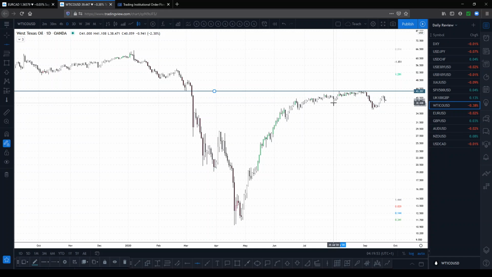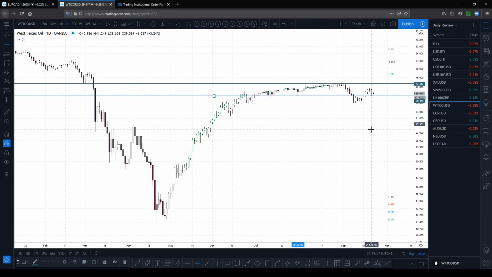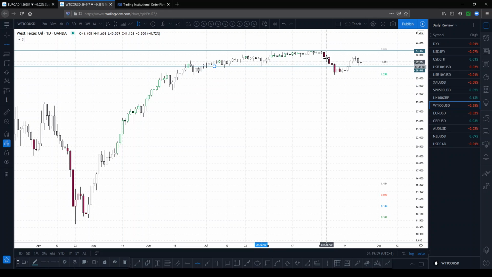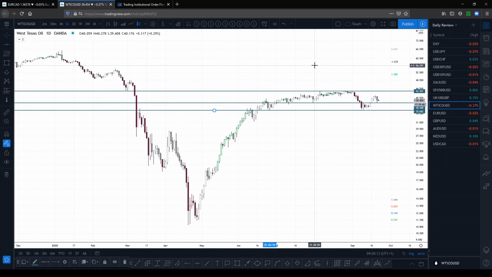It's taken out these lows here, but it's come back now. So we are still forming a top in this area. The crude oil market hasn't really decided where it wants to go yet, so any selling would be early for sure.